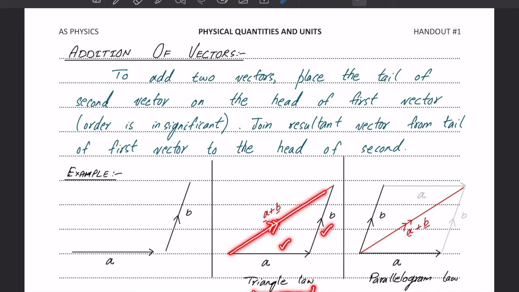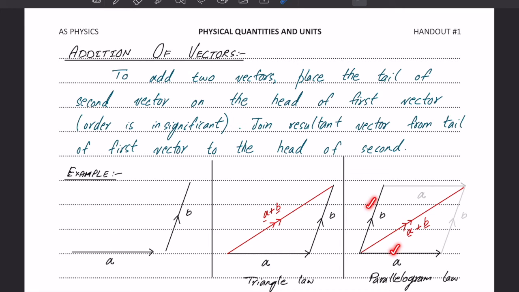This head to tail rule method in this specific situation is also called triangle law of vector addition, because the diagram that you get is basically a triangle.